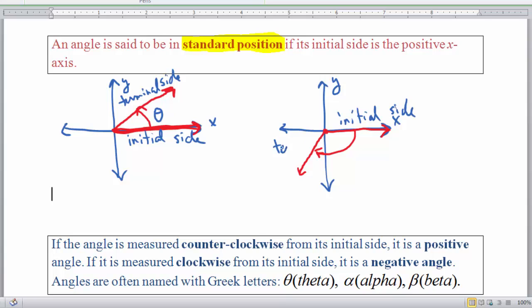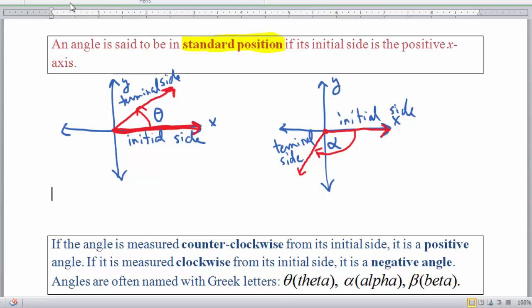And this would be the terminal side. I forgot the R there in terminal, but it's okay, right? The initial side and the terminal side, and this would be the angle here. And maybe you would call this one alpha, right? Because I say you're going to name them with Greek letters. Usually theta, alpha, maybe beta, gamma is another one.